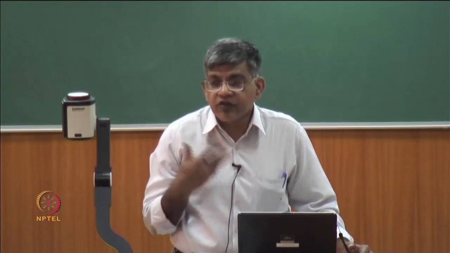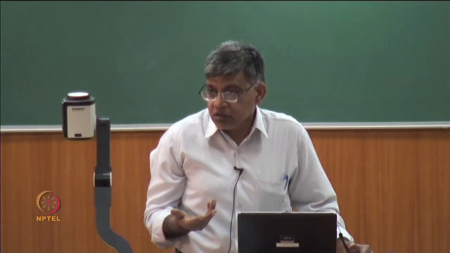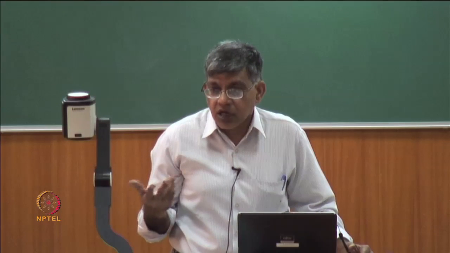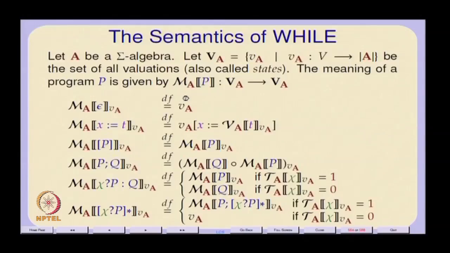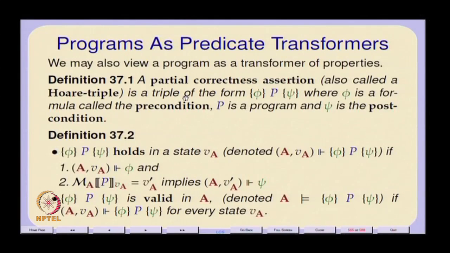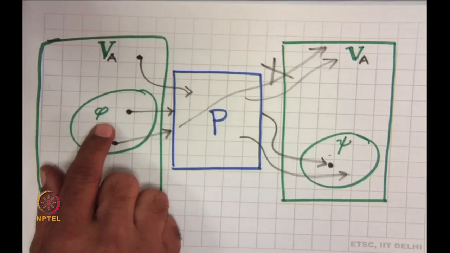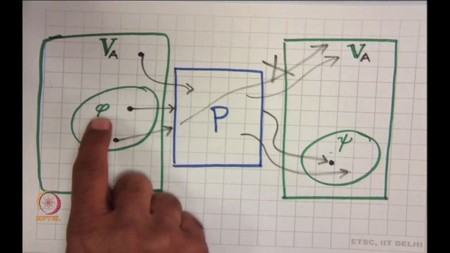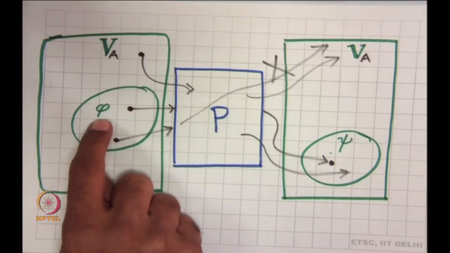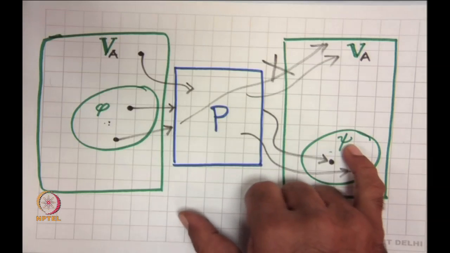So, the properties of a valuation are changed by changing the valuation appropriately. These can also be called predicate transformers. So, what is known as a partial correctness assertion essentially consists of this phi, which is called a precondition, and this psi, which is called a postcondition.